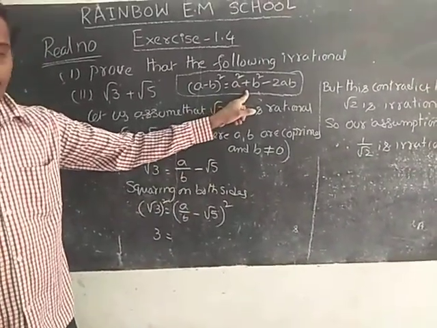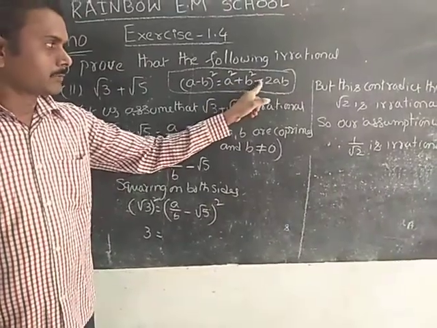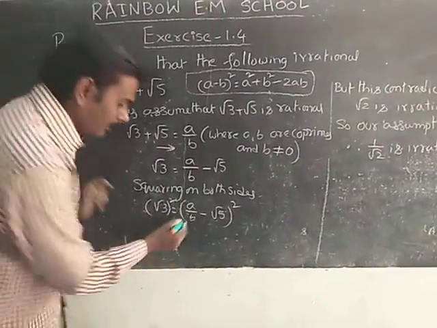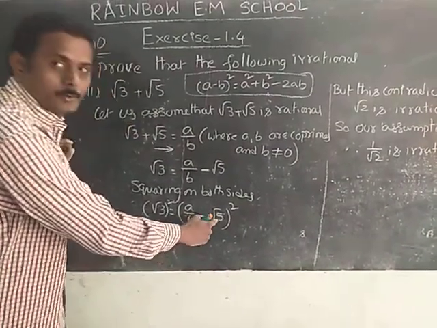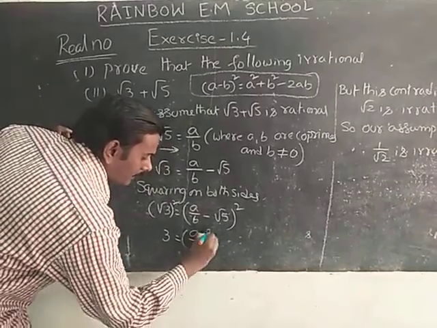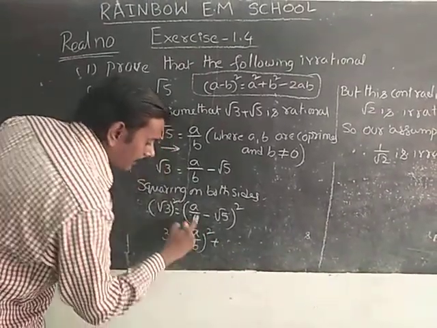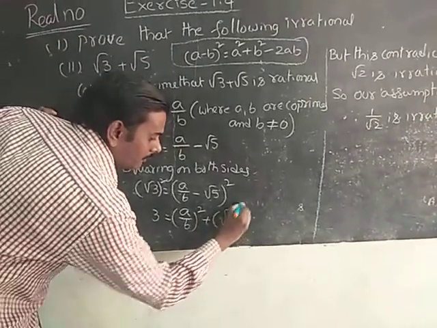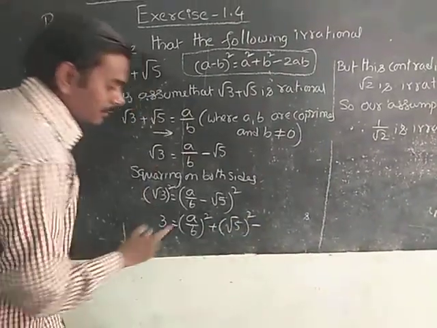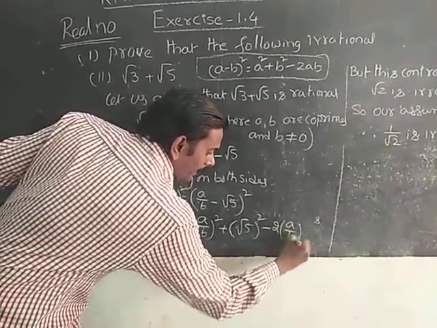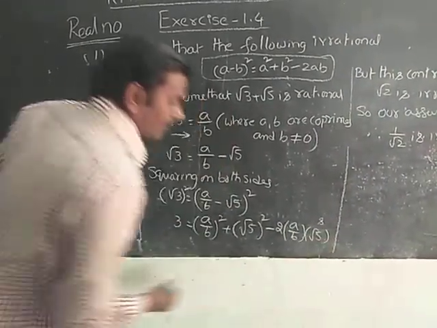We apply this formula, a square plus b square minus 2ab. Now we take a value as a by b and b value as root 5. That means (a by b) whole square plus root 5 whole square minus 2 into a by b into root 5. Once again, listen.